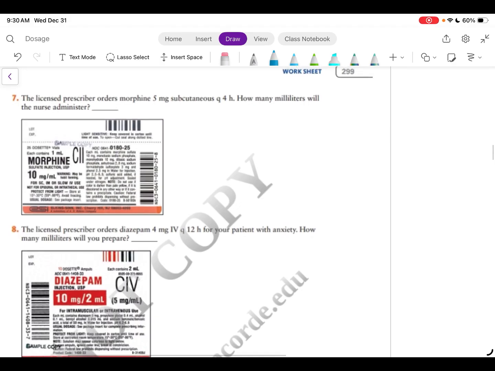Number 7, your order is morphine 5 milligrams. How many milliliters are you going to give? Right here on the label, it's telling you that 1 milliliter is 10 milligrams. So we're going to use that. X mL.